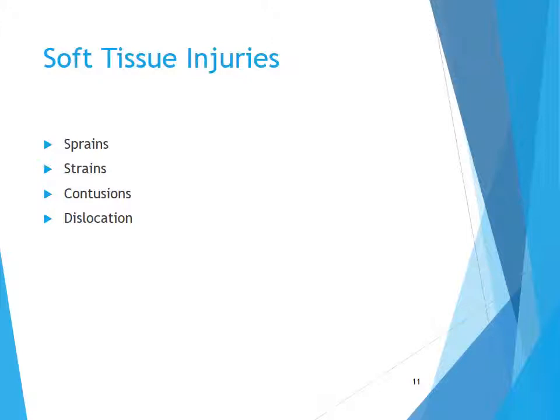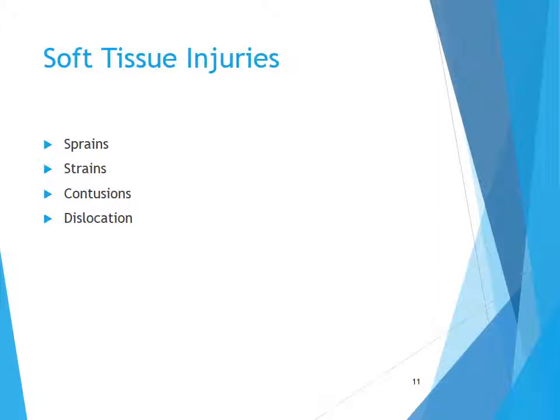When we talk about soft tissue injuries, we're talking about sprains, strains, contusions, and dislocation, and we'll go through each of these definitions. Sprains result from trauma to a joint in which ligaments are stretched or are partially or completely torn. Strains, also known as pulls, tears, or ruptures, result from excessive stretch of a muscle.